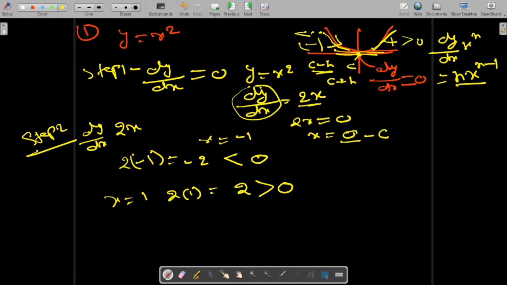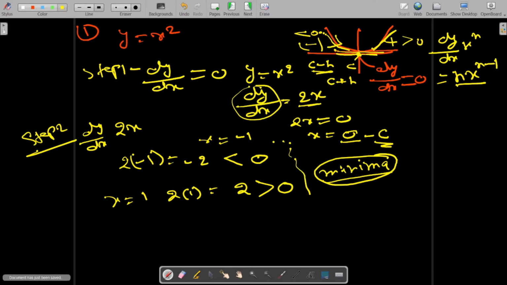If this condition is satisfied, then we can say that that particular point c is a minima point, and the value will be the minimum for that particular point. Okay, in step 2, you understood this one, right? So this is the minimum point.